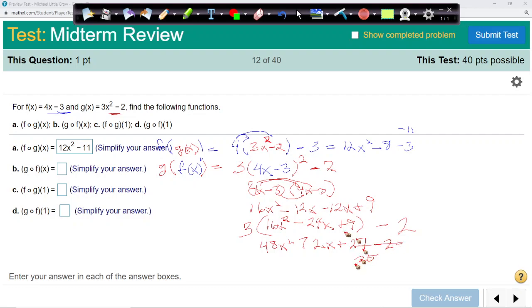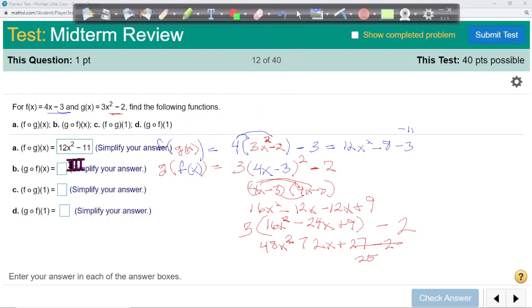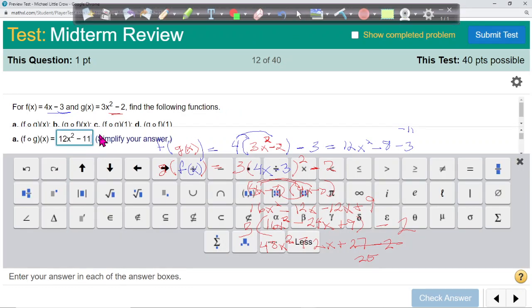I'll just save myself instead of rewriting all of this. And notice there's a little square there, supposed to be. So that's our answer here for the B part. Let's see if I can read that. 48x squared.